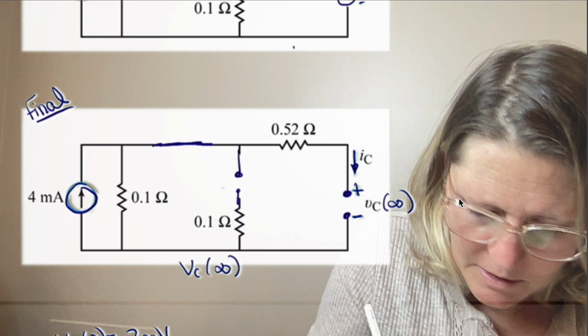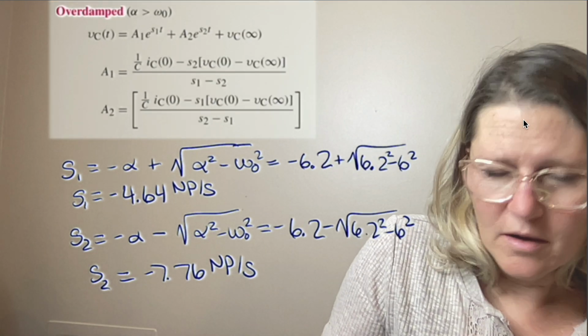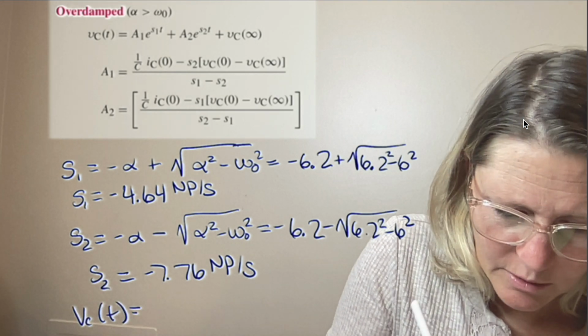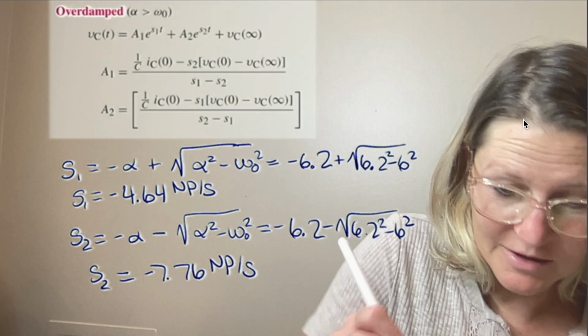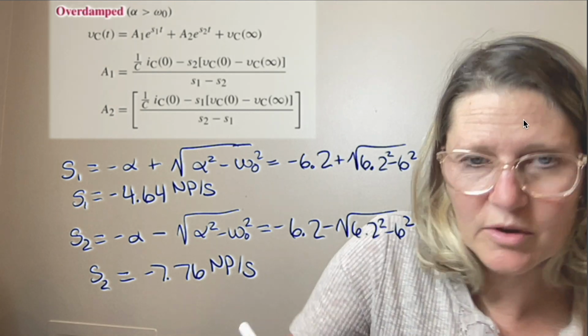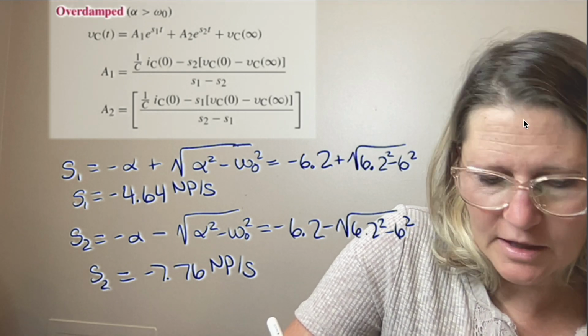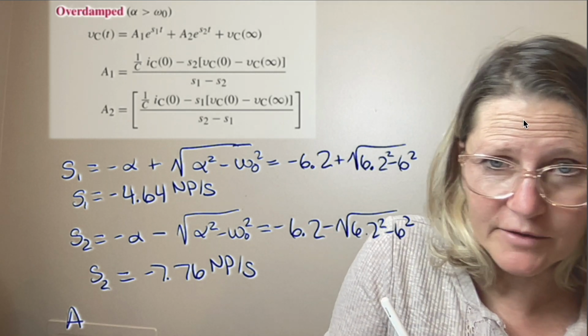And so I can now write my VC equation. So VC of t is going to equal A1. So actually I'm going to back up. I still need A1 and A2. And so A1 is 1 over C, and C was 1 over 1.8 for the C values.